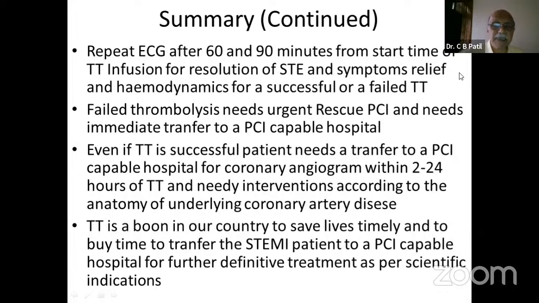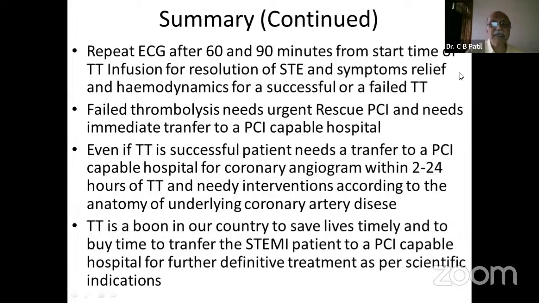So even though you achieve TIMI 3 flow, LV dysfunction can still occur, and the patient can go in for heart failure later. That's why try to keep the ischemic symptoms within 120 minutes for a primary PCI.